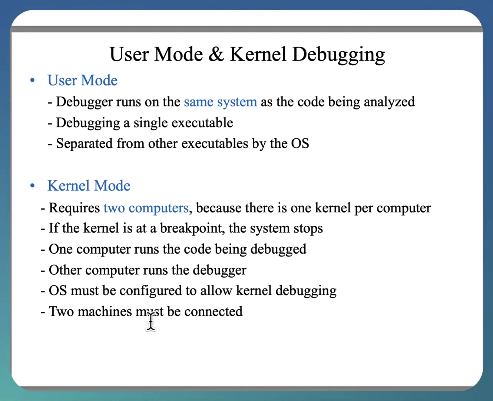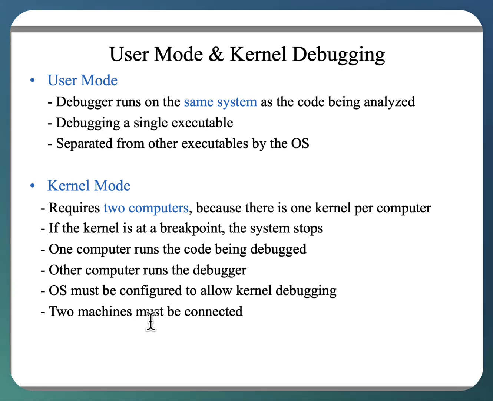You do that when you're debugging a single executable, and it's separated from other executables by the operating system itself. Whereas kernel mode requires two computers because there is one kernel per computer. So if the kernel is at a breakpoint, the system stops.